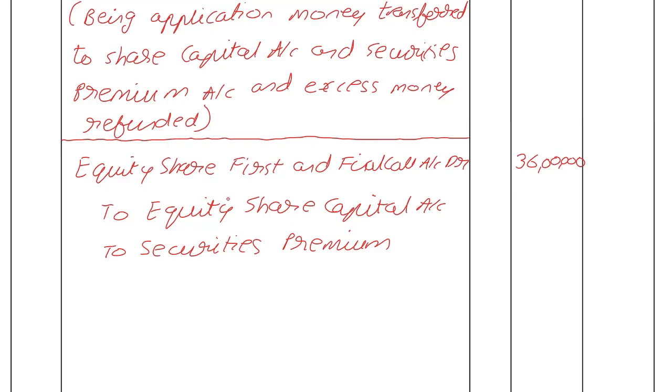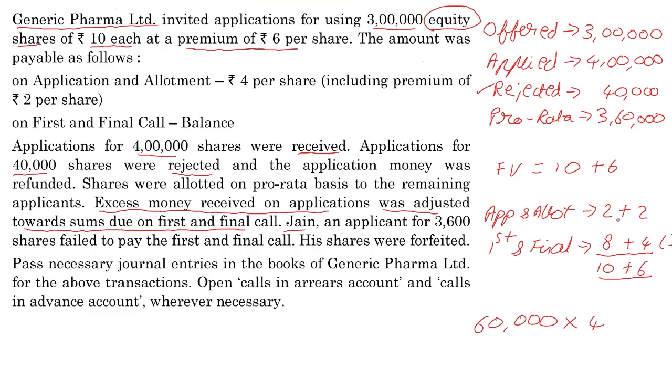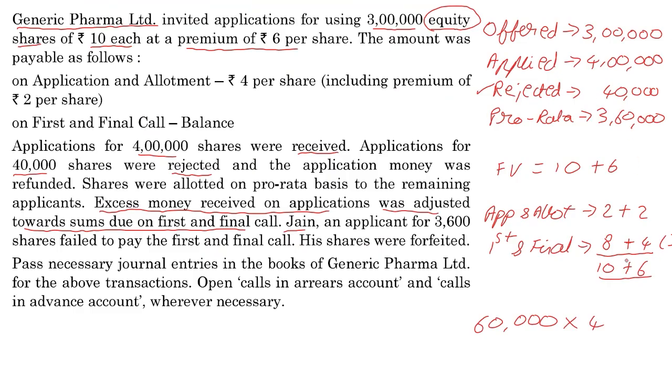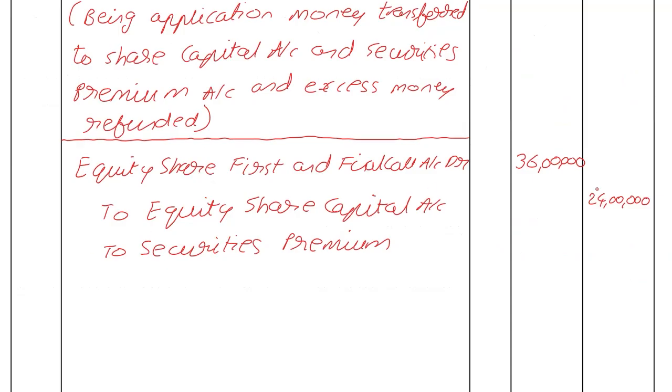Then equity share capital account, I know it is 8. 8 into the same 3. So 3 eights are 24 lakhs. 24 lakhs we will credit here. And we can subtract for securities premium, but it's always better to see how much 4 into 3, which is 12 lakhs. And feel free to add 24 and 12 lakhs. You will get 36 lakhs, and therefore you know it matches and balances.